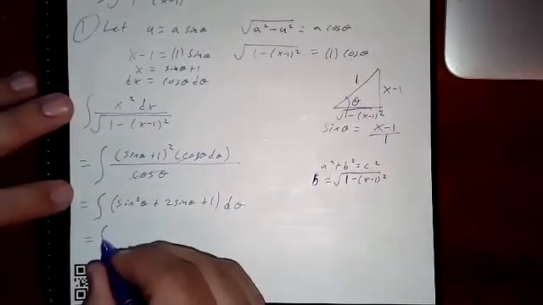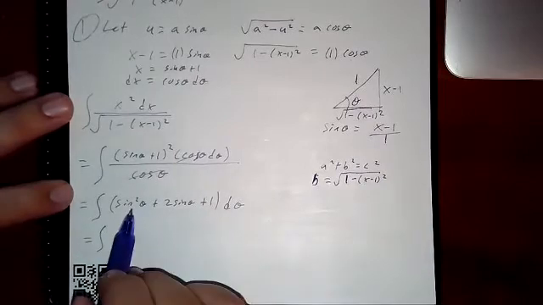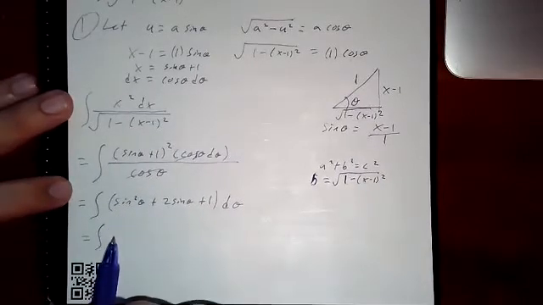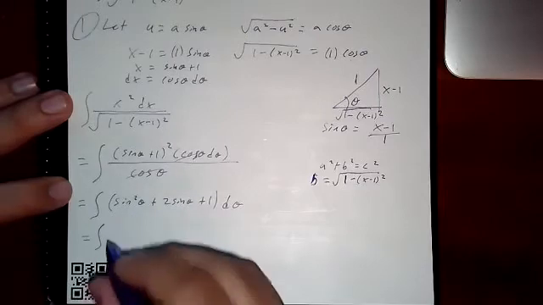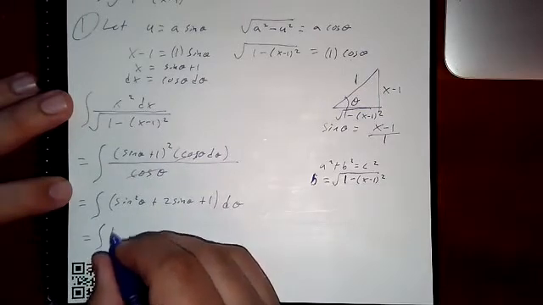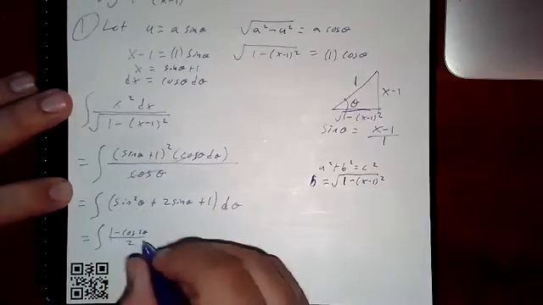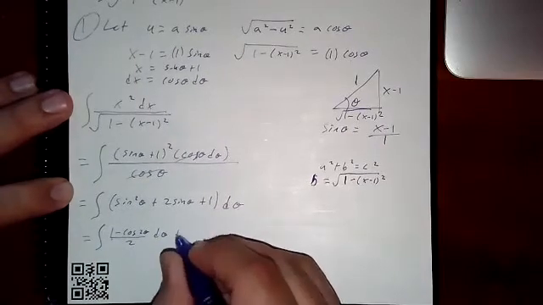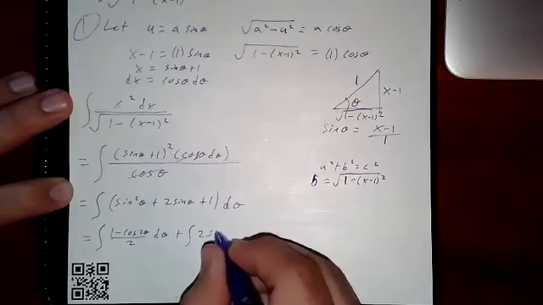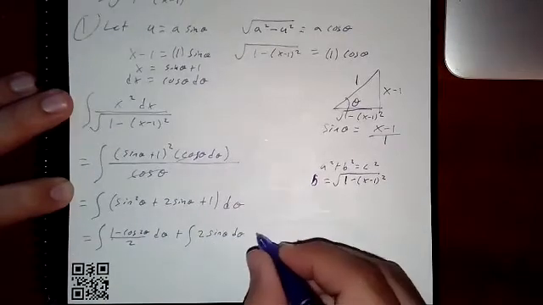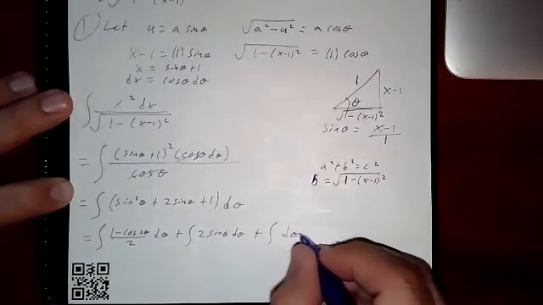Integrate this nonsense. I would have to do a power reducing on the sine squared. That would be what? 1 minus cosine 2 theta over 2, right? For the first term. The next one will be 2 sine theta d theta plus d theta.